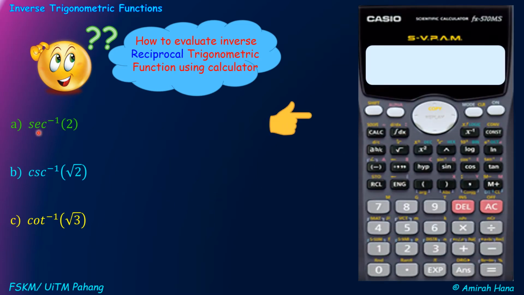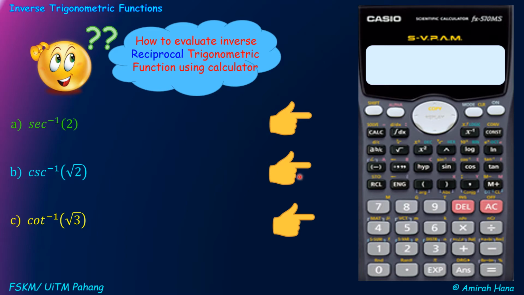When we look at this calculator, there is no button for sec. We only have sine, cos, and tangent. And there is no button for cosec, and same goes to cot.